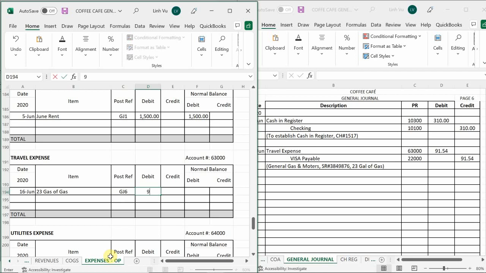For $91.54. Again, whatever you put in your journal is what you're going to post into your ledger exactly. So if I debited my travel expenses for $91.54, that's exactly what you're going to put in your ledger.